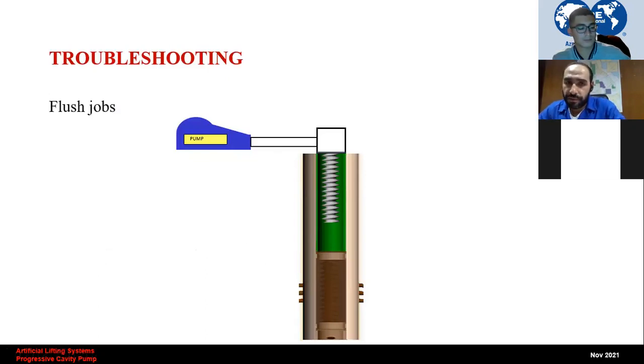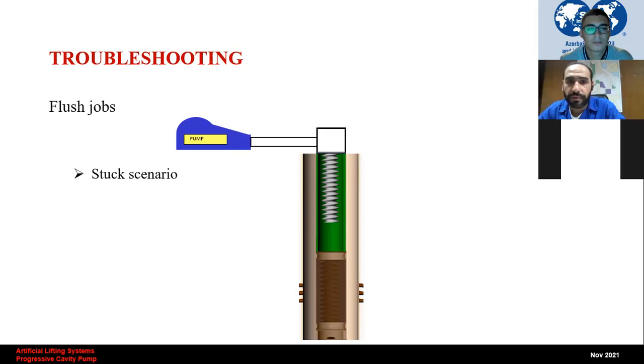One of the very famous troubles with the PCP system is the stuck condition. As we said, PCP is very efficient with sand production, with producing flows with high sand cuts.